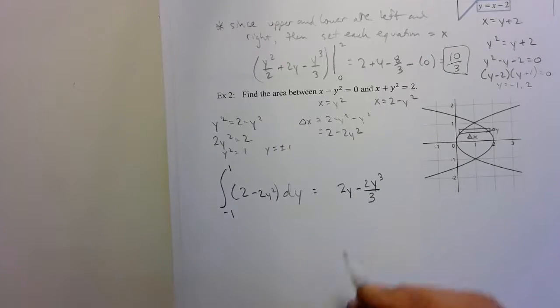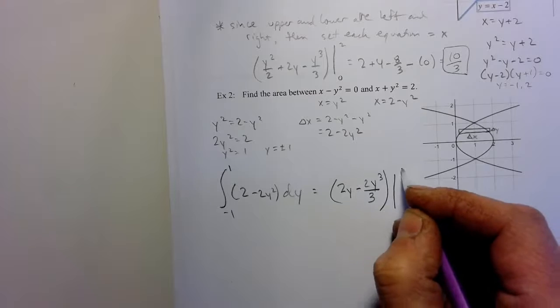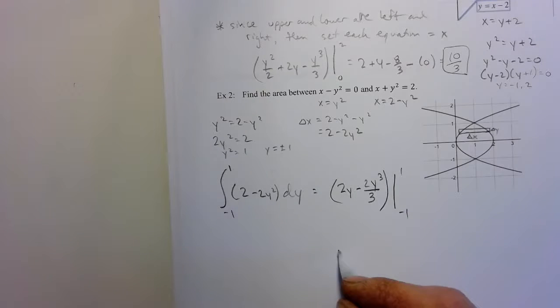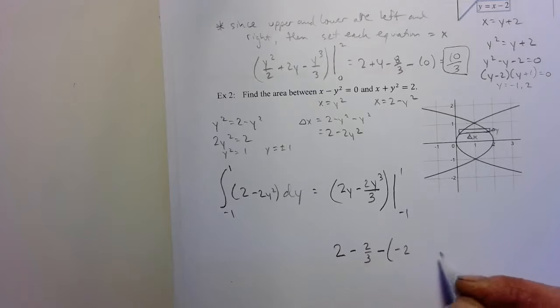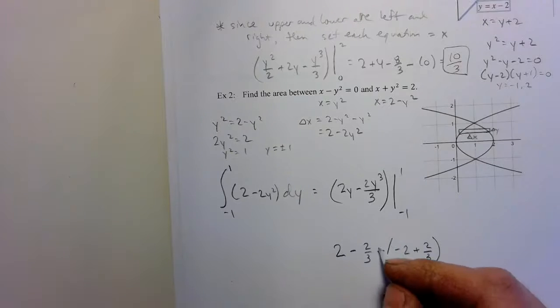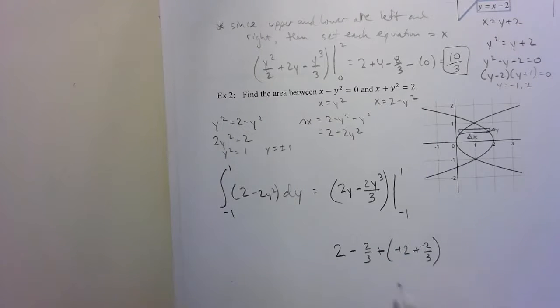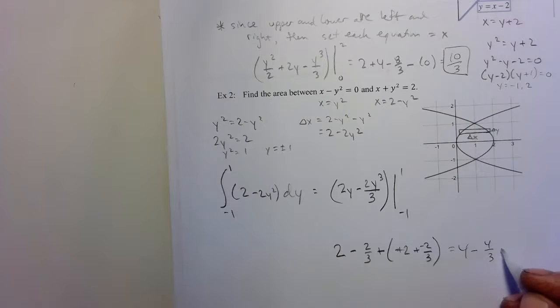Bounds being 1 to -1. So we'll plug that in. 2 minus 2/3. Distributes in. So I get 4 minus 4/3. And that would be 8/3 for myself.